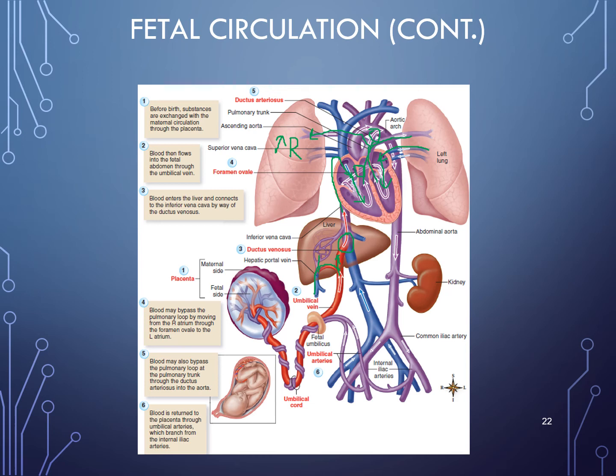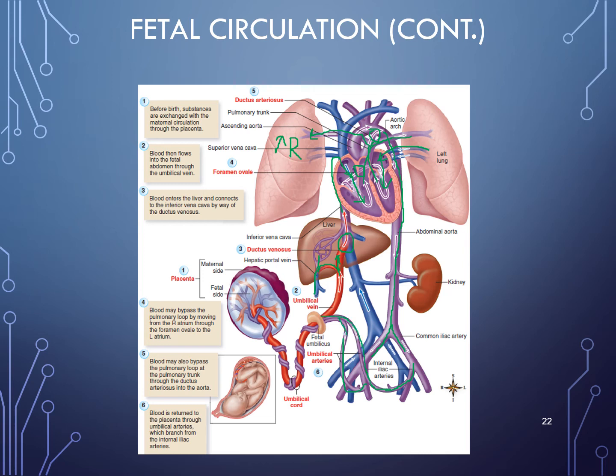And then from the aorta, the blood is going to make its way down the abdomen, and it's going to go into these iliac arteries here. And our last little adaptation is these umbilical arteries that come off from the iliacs. This is where blood is going to return back to the placenta.